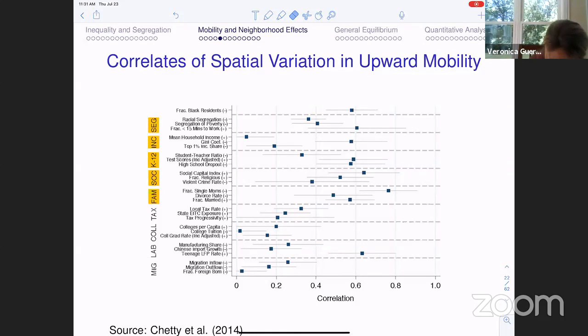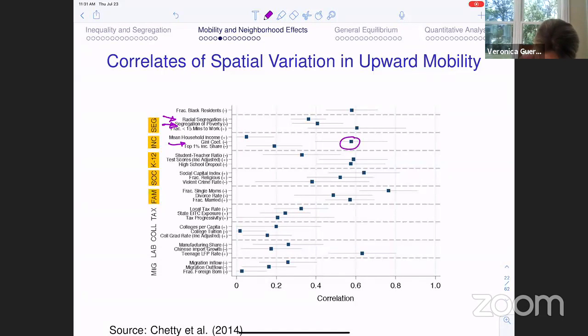One is segregation of poverty. This is kind of segregation by income. Of course, racial segregation also correlates quite a bit. And the other is inequality in general. So Gini coefficient, for example, mean household income, top first percentile income share. And so these are all measures that correlate.